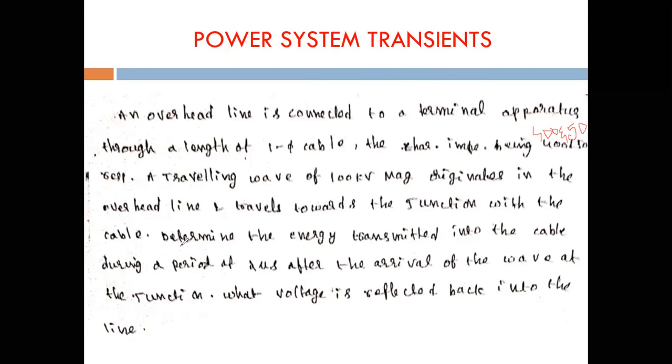First, what is the given data? An overhead line is connected to the terminals through a length of single phase cable.